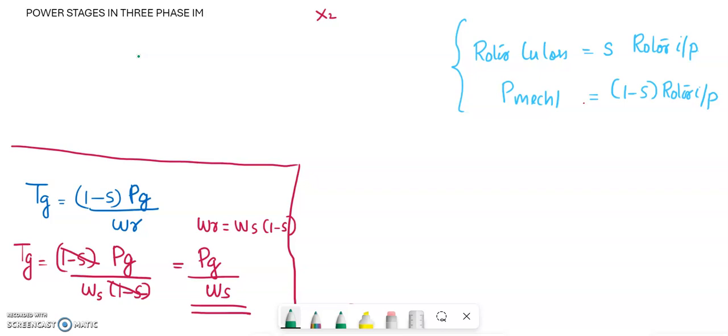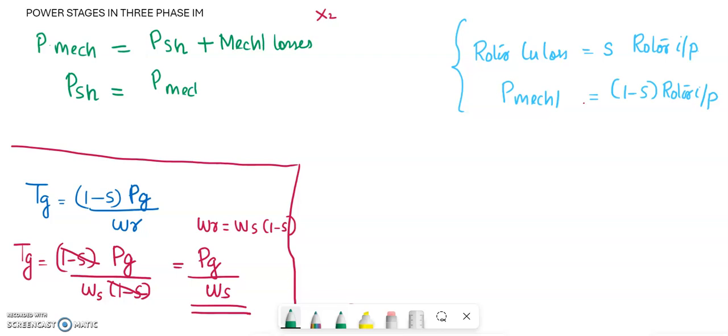So I can say that the mechanical power developed in the rotor is converted into the shaft power, that is the motor output, plus mechanical losses. Or I can write P shaft, the power output from the shaft, equal to P mechanical power developed in the rotor minus mechanical losses.